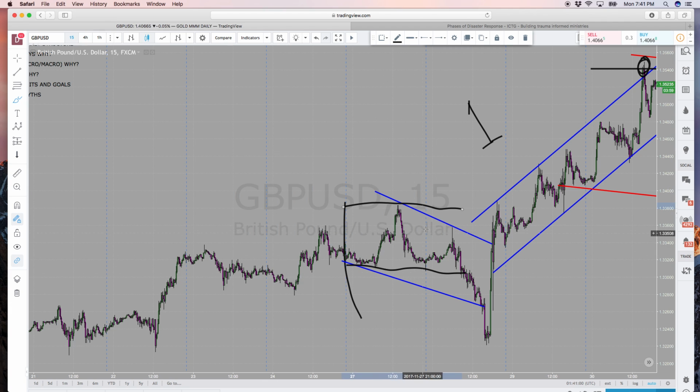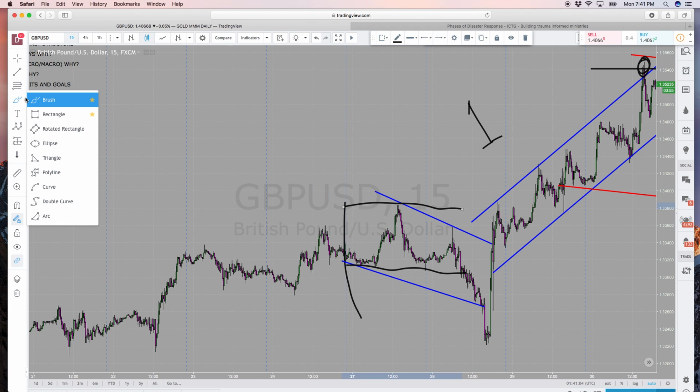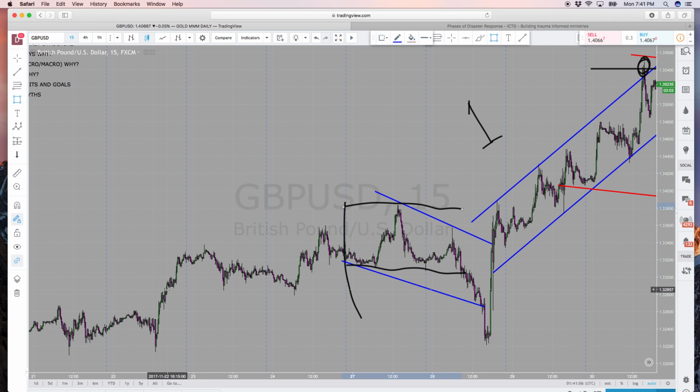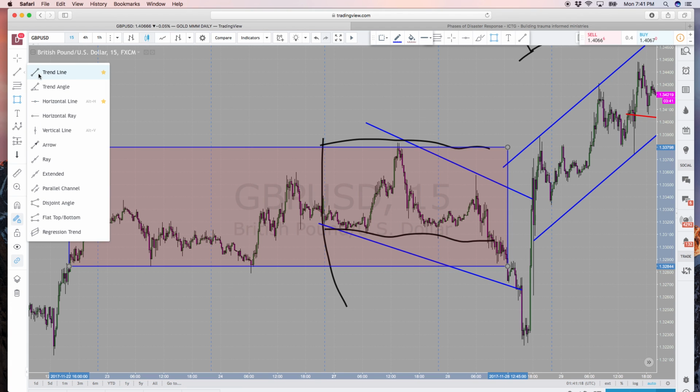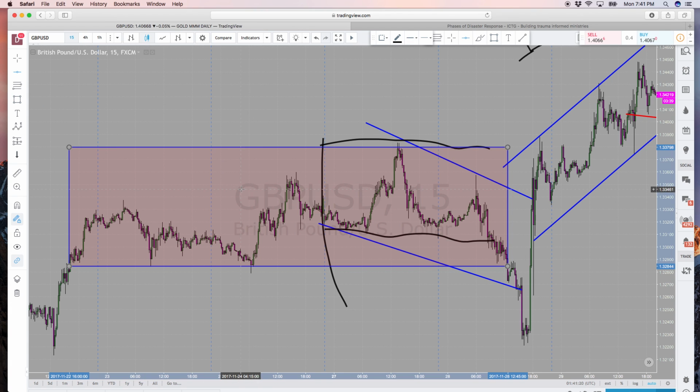Not only that, but this 2 days of consolidation is added to this consolidation right here. Now, what's going on here? Right here, this consolidation is only happening because, well, it's happening to get retail traders to place trend lines here, okay? That's one of the reasons why consolidation happens where it happens.